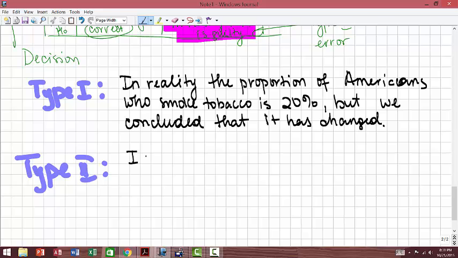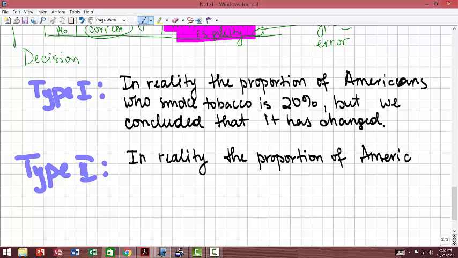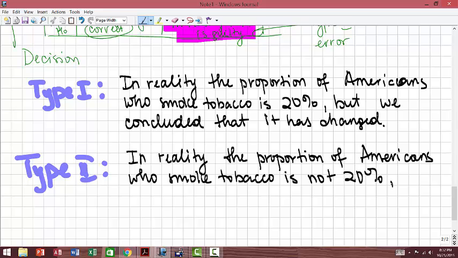So, in reality, the proportion of Americans who smoke tobacco is not 20%, right? It is no longer 20%. But we concluded that it hasn't changed.